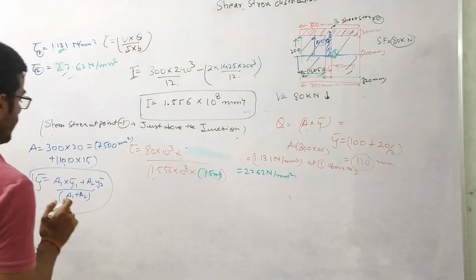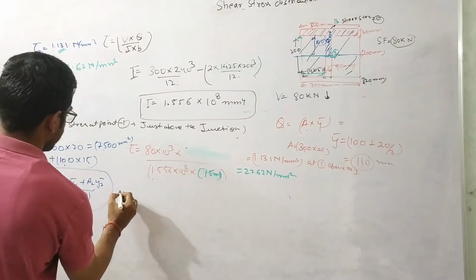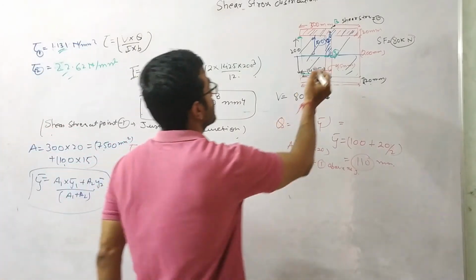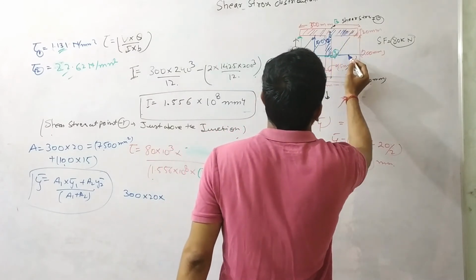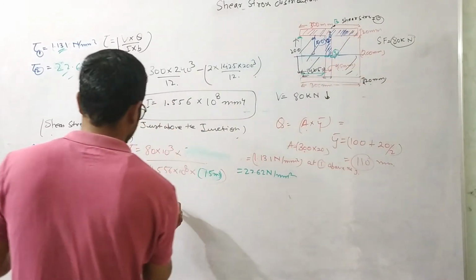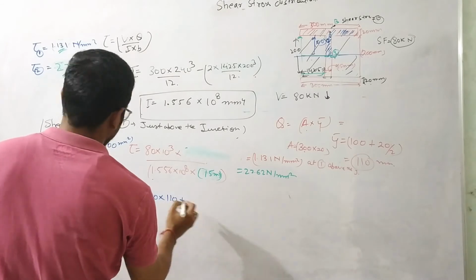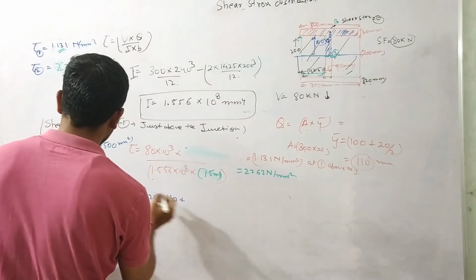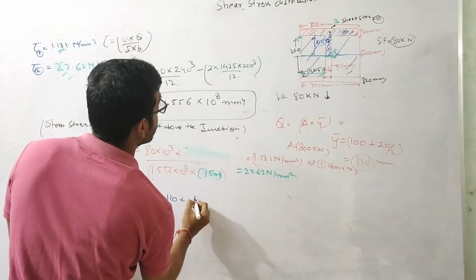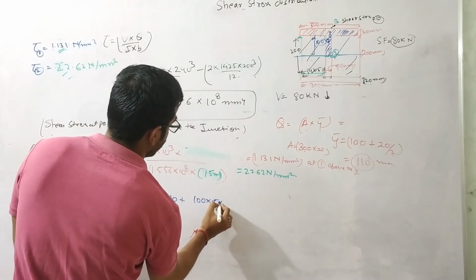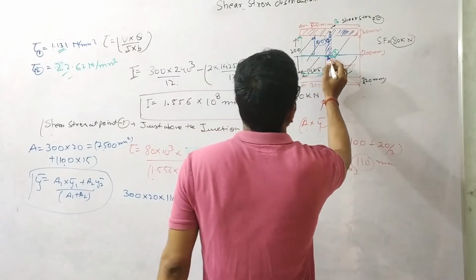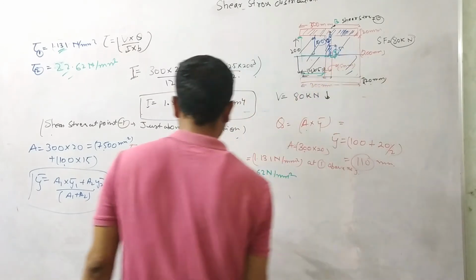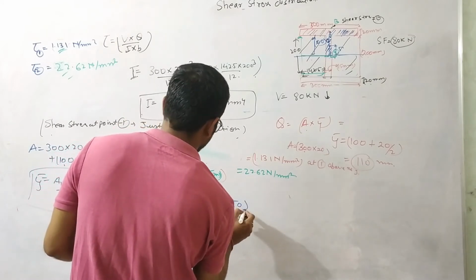My first area will be 300 into 20, and for this portion Y bar will be 100 plus 10, meaning 110, plus A2, which is 100 into 15, and the Y bar will be the center of this, so it will be 50 mm.